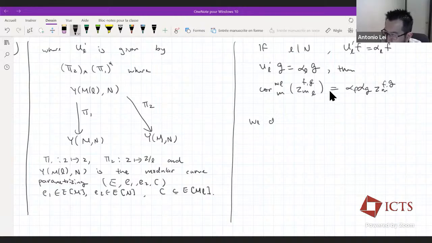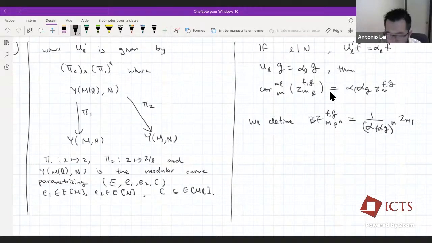So we define the modified element to be 1 over alpha F, alpha G times Z_{M,P,FG}.